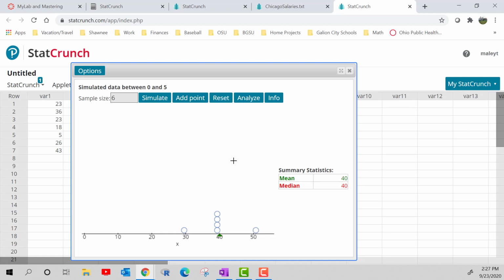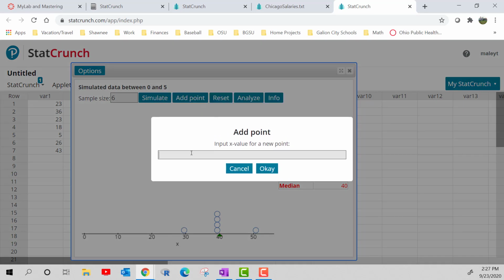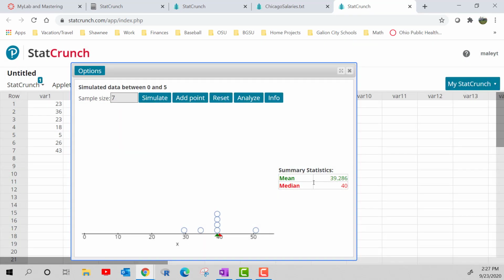So now part C, you can see that we're asked to add a single observation at 35, and think about how this new value affects the mean and the median. So if I click add point and type 35 and hit OK, notice the mean and median are not as impacted. The reason why is this 35 is not an extreme value.